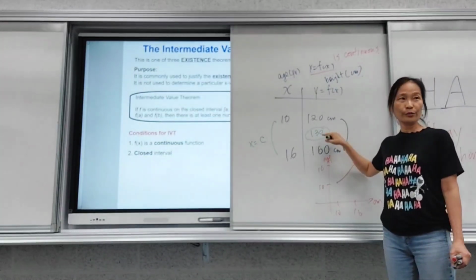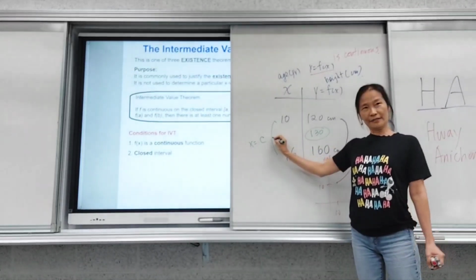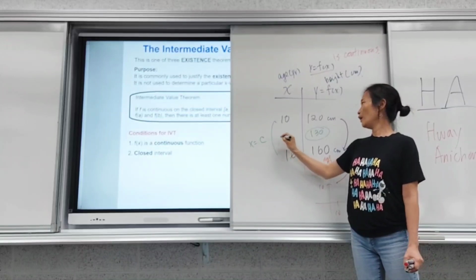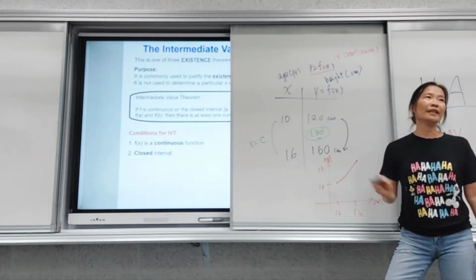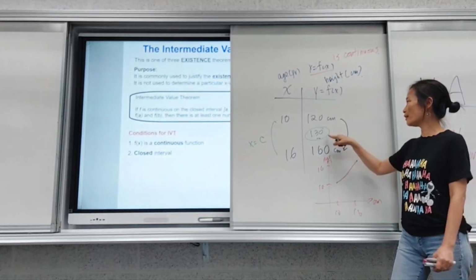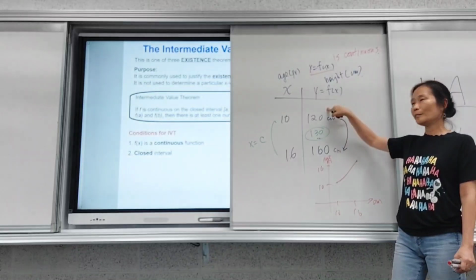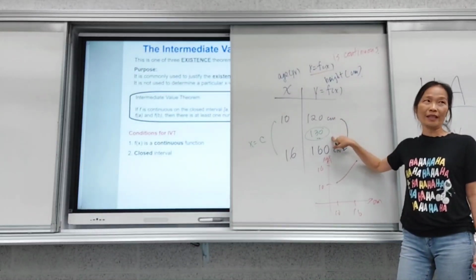This is my value. I can find a time, an age, C, where her height will be 130. Is that easy? Because 130 is between these two values. There's a maximum value, there's a minimum value. You have to go through 130.